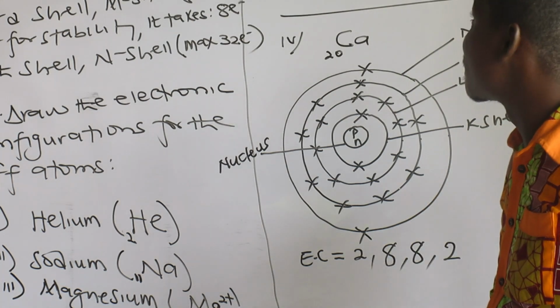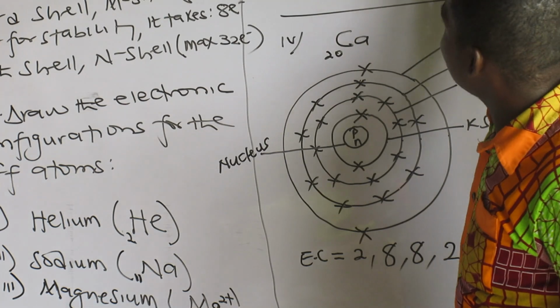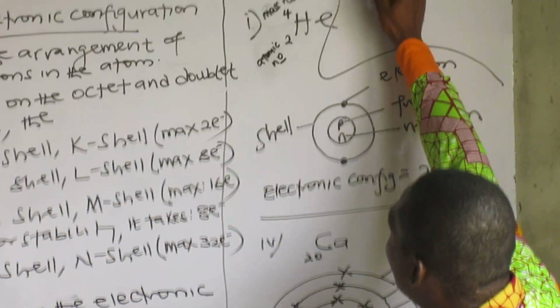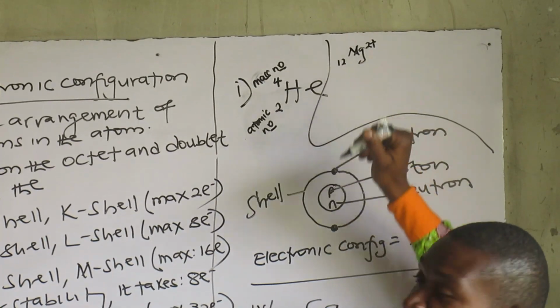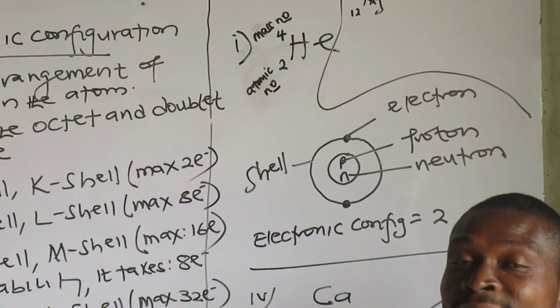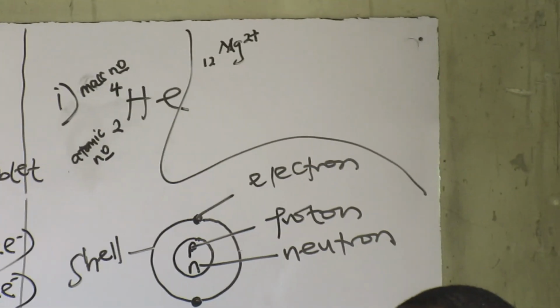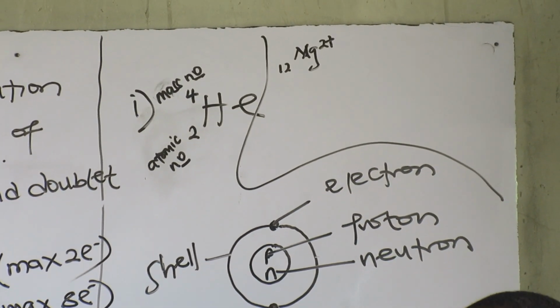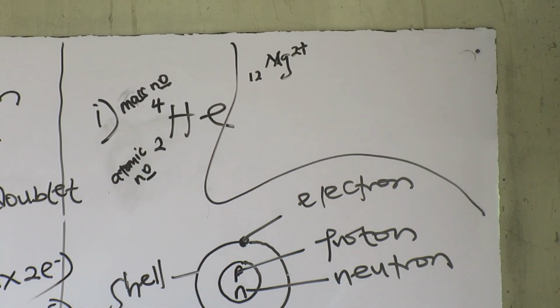Now, what about this magnesium? How will you draw Mg2+? Okay, over here. If I have to draw Mg2+, let's see what will go on here. Do you know Mg2+ is a cation? It has lost 2 electrons, right? So will I be drawing using 12 electrons? I'll use 10. That's all.